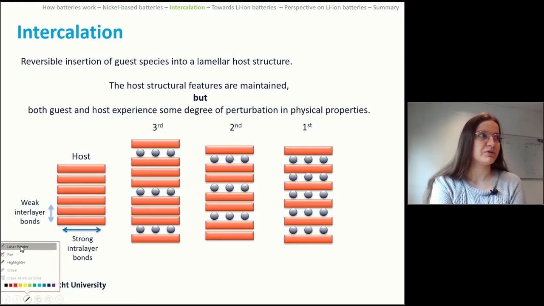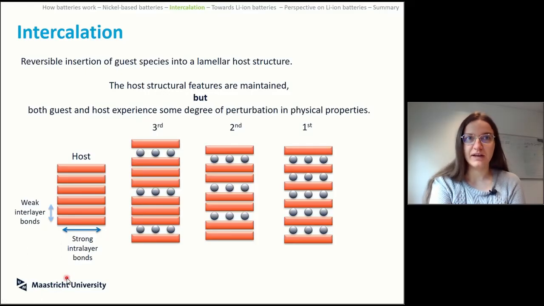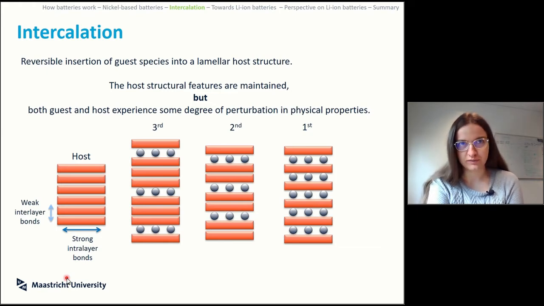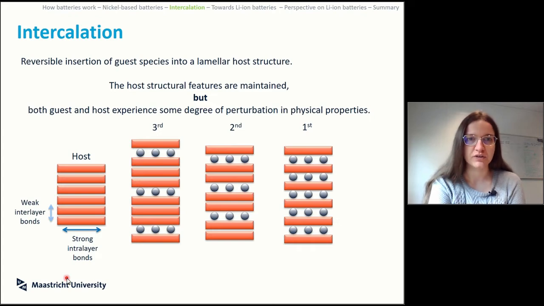Okay, so we were talking about the fact that in nickel batteries you have to have the same structure that is able to accommodate different oxidation states, but you have this tiny issue, which is not inconsistent in nickel batteries, it's actually a limitation.